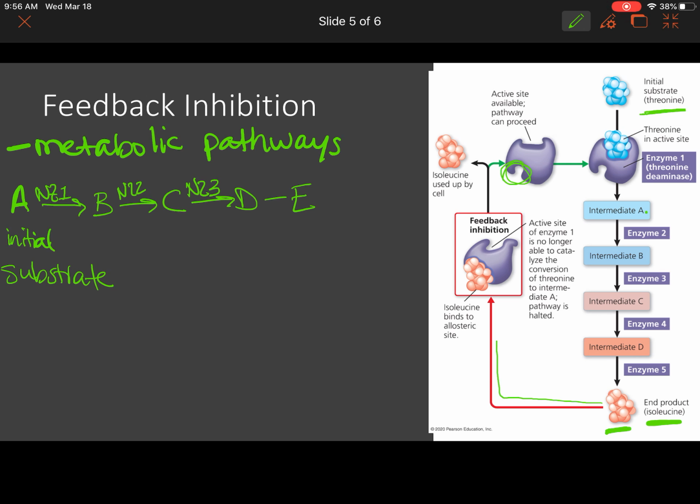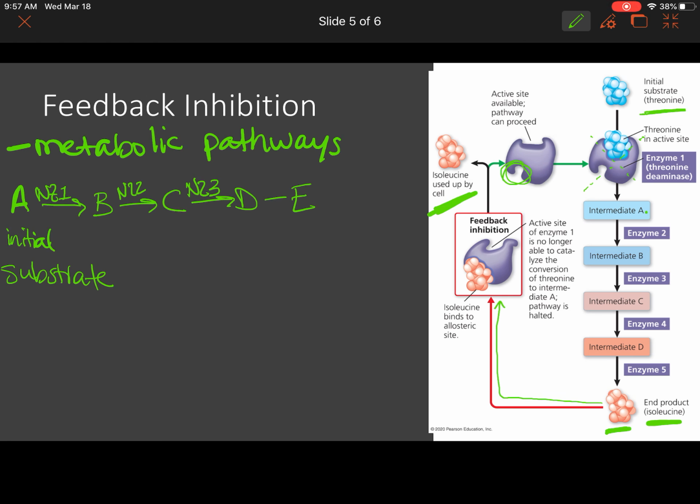Okay, and so that's what this red arrow and now green arrow is showing. Isoleucine binds to the allosteric site. When isoleucine binds to the allosteric site, it shuts down this pathway at enzyme number 1.